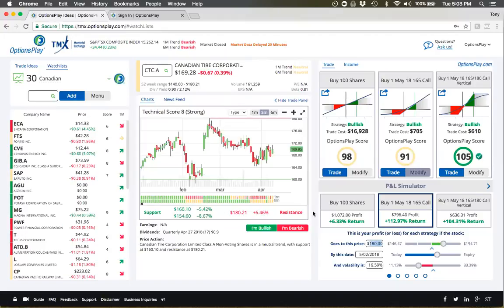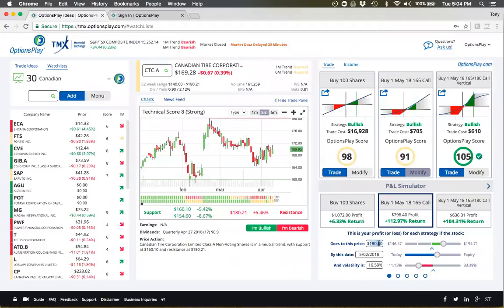Because delta just simply tells you if the stock moves up by $1, how much does the option price move by? But we don't think in those terms because we just know that the stock's at 169 right now. We think it's going to go up to 180. So then you don't have to do any of these calculations. It's all calculated for you based on the P&L simulator.